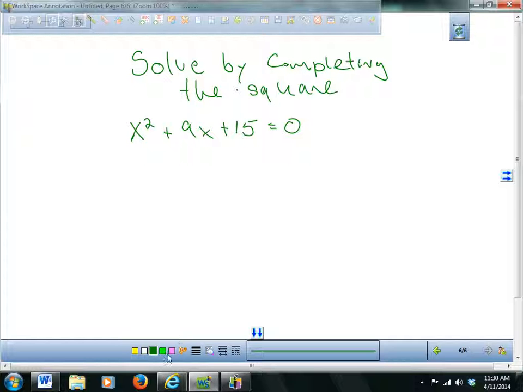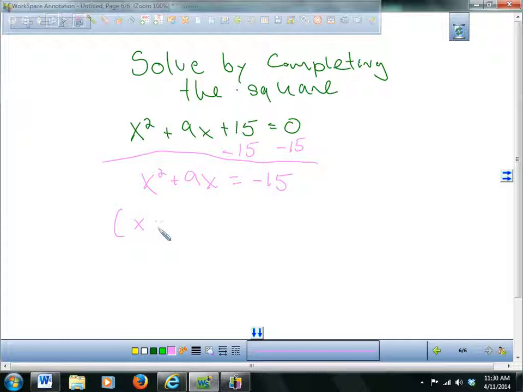Move the constant term. So I'm going to subtract the 15. That gives me x squared plus 9x equals negative 15. So here's where it gets a little ugly. Now what? Half 9.